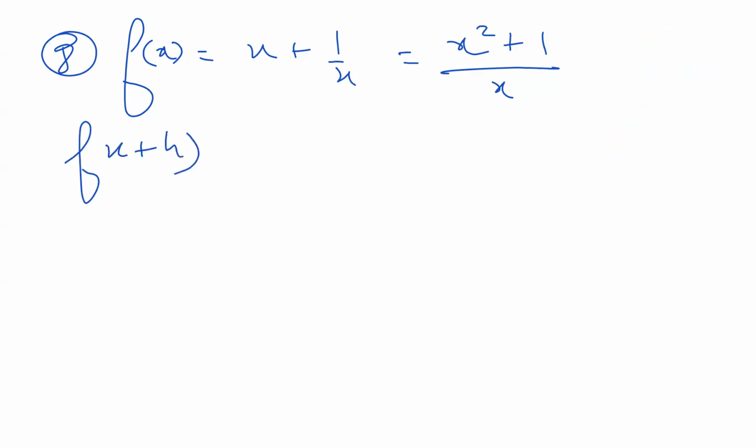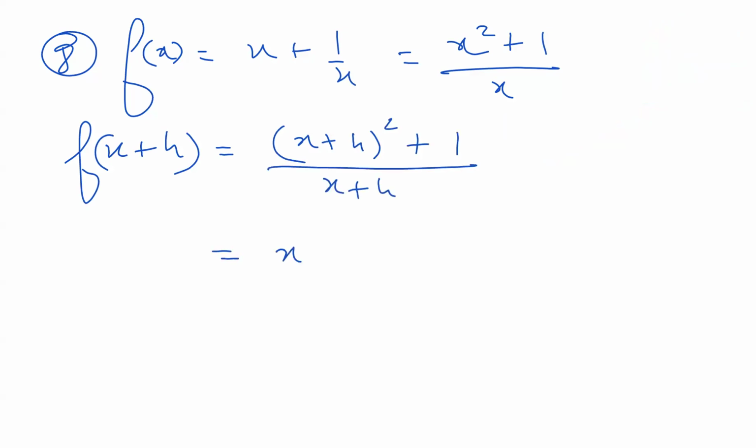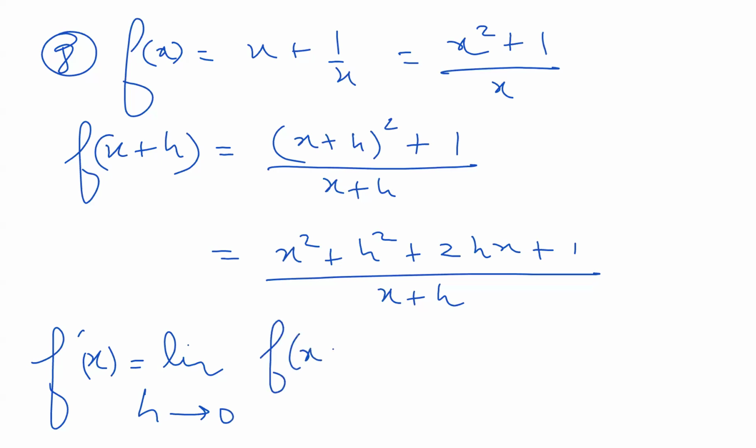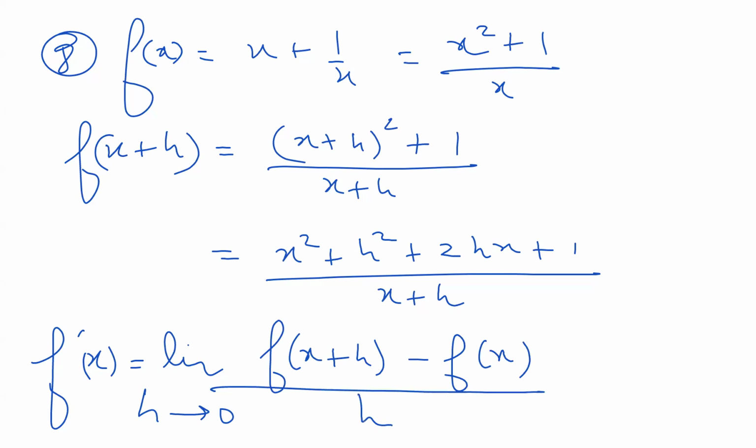F of x plus h. So wherever there is h, x, write x plus h. We just simplify the numerator. Okay. Now f dash x is equal to limit h approaching 0, f of x plus h minus f of x upon h. Okay.